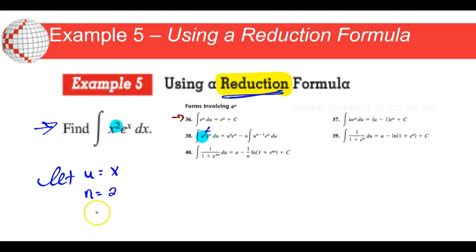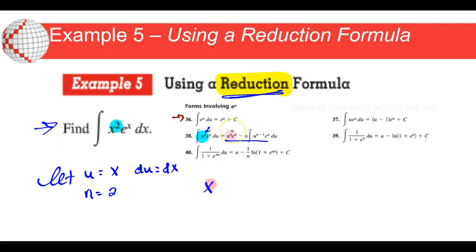So using the reduction formula, I'll try to write this statement in the form of, remember, if u is x, then du is dx. This turns out pretty nice. So I'll start writing this. The u is the x.